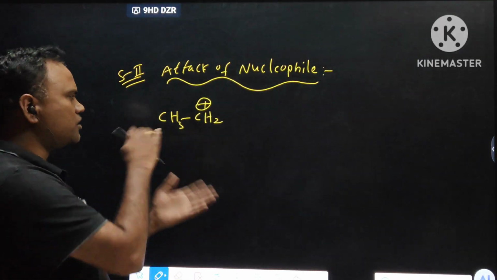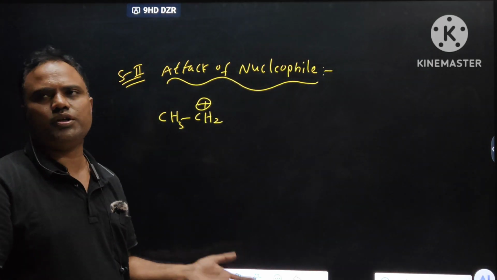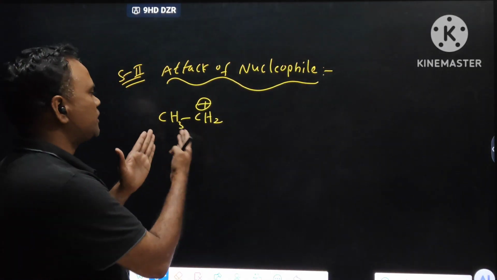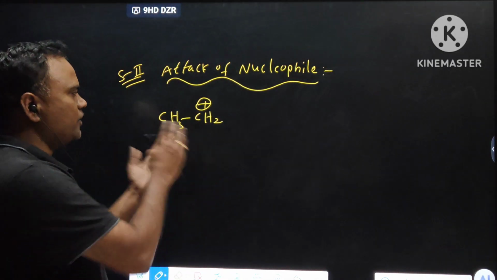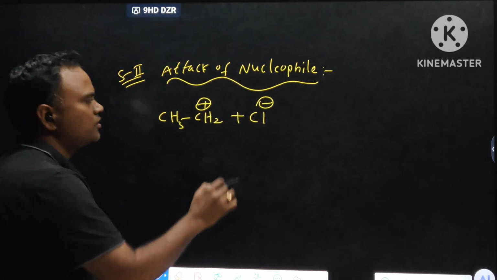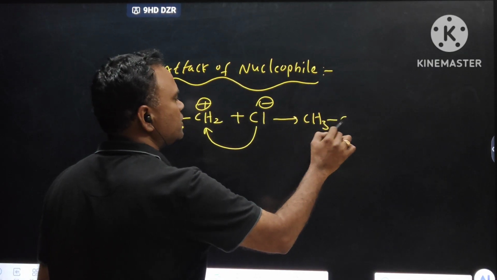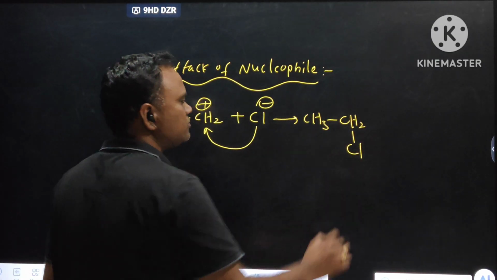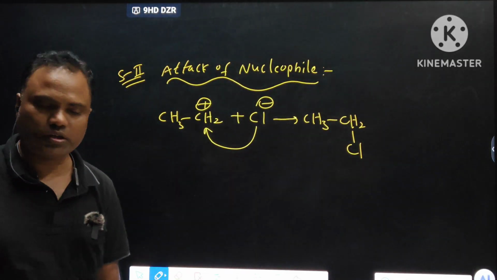Or you can take it like this also, the other way around. A, B, B, A, both are same only, 2 into 3, 3 into 2. So you can take CH3CH2 plus or write it reversed. Anything is correct, no problem. Cl negative attacks, giving CH3CH2Cl. So this is the mechanism of preparation of alkyl halide from alkene.